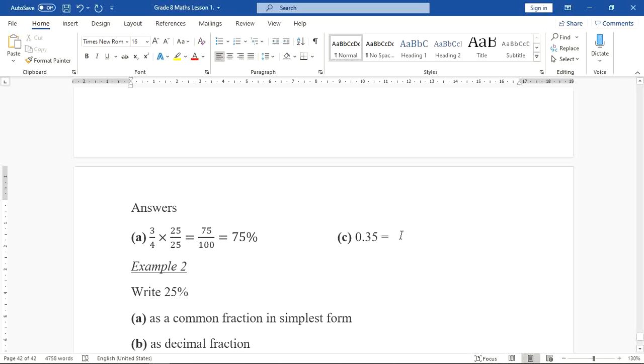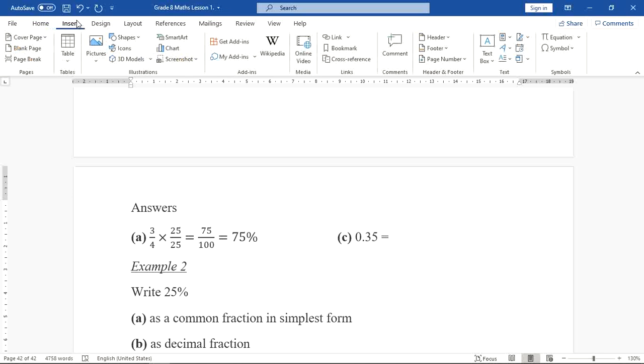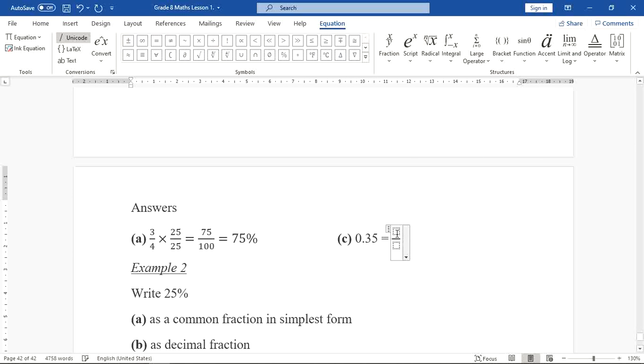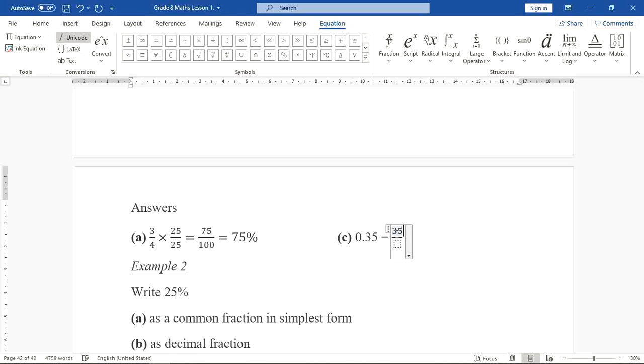Because there are 2 digits after the point, that's going to be 100. So it will be 35 over 100. And that, my friend, we can just write as 35%. Voila.